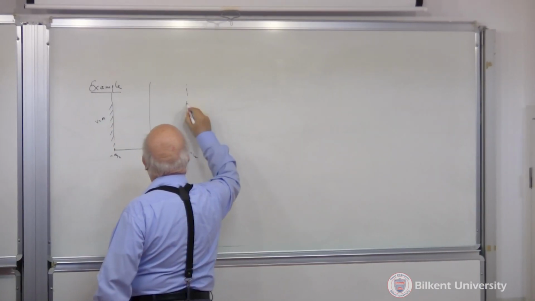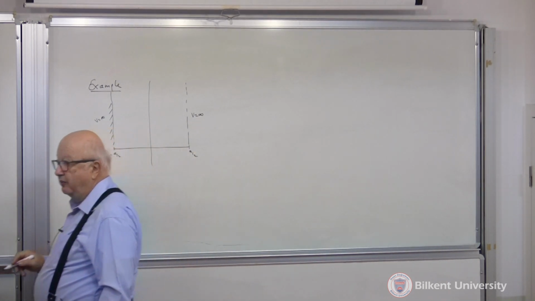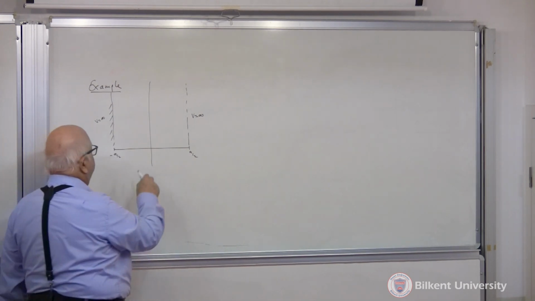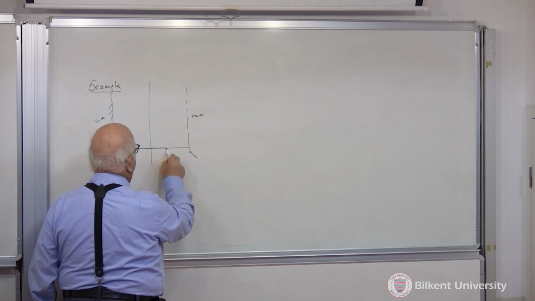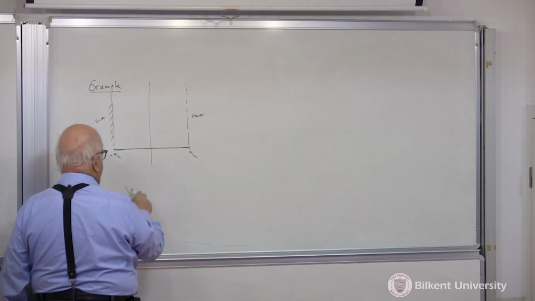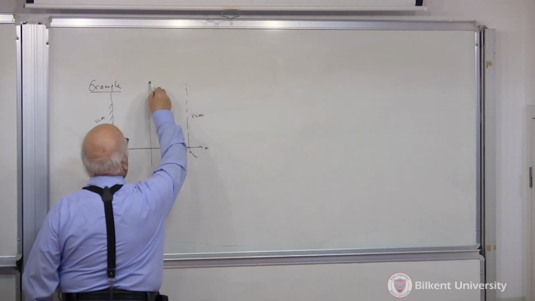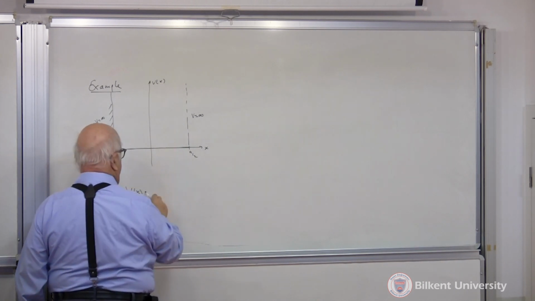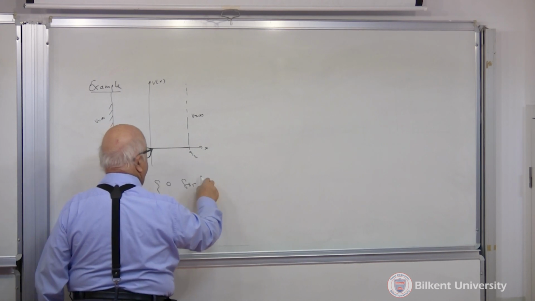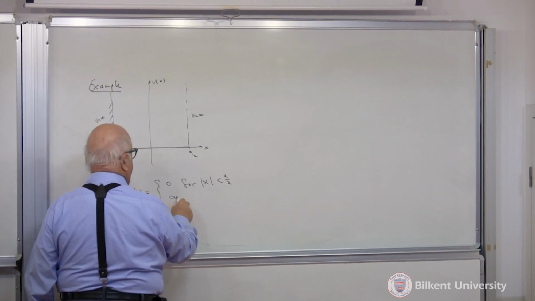The particle is excluded from places where the potential is equal to infinity, and I have V equal to 0 in the center. So if I want to write this out, V of x, so this is the x-axis, this is our V of x, is equal to 0 for the magnitude of x less than a over 2, infinity otherwise.